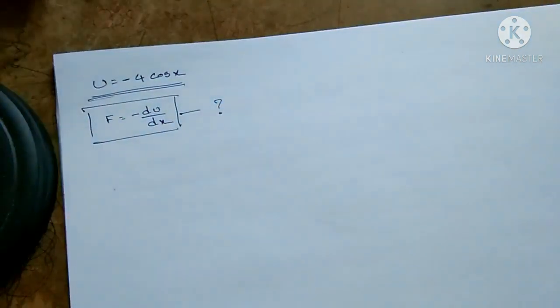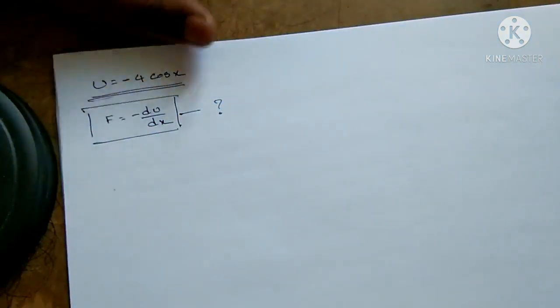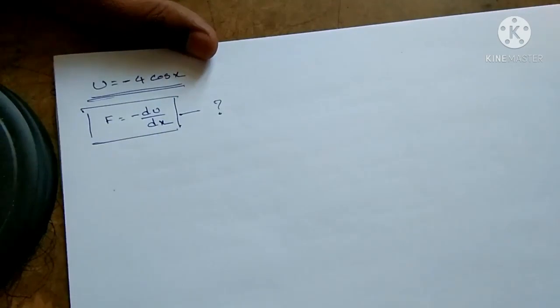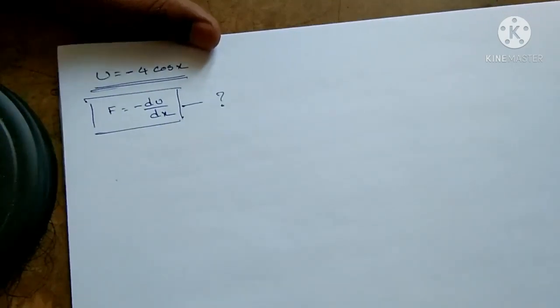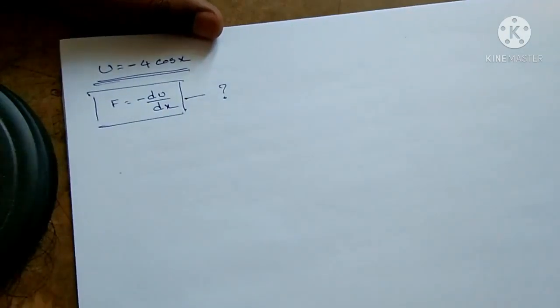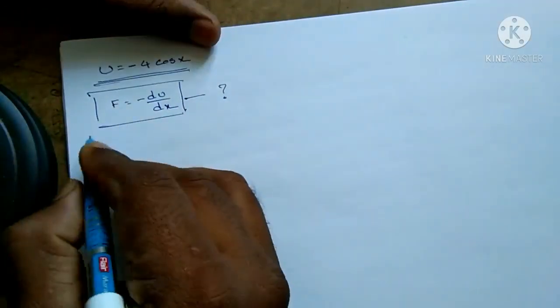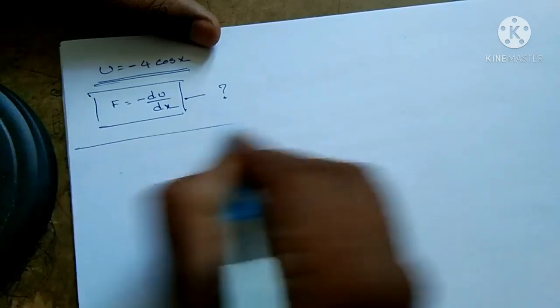Try it once. F is equal to minus du by dx, go till the last step and see that.